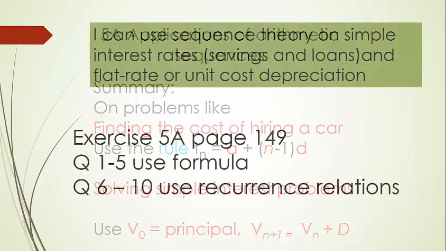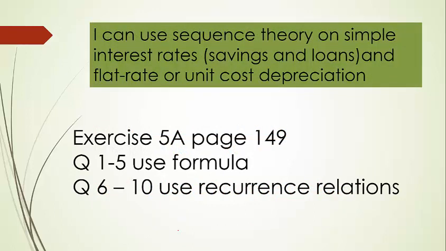Now once you've got your head around all that, you can start the exercise 5a on page 149. Questions 1 to 5 use the formula that I've just spoken about, and questions 6 to 10 use recurrence relations. On the second presentation for 5a, you will find out more about depreciation using arithmetic sequences.